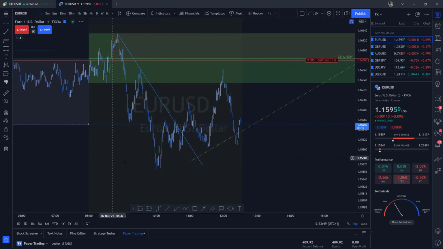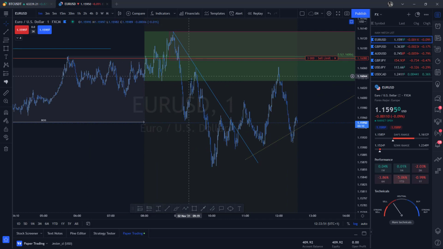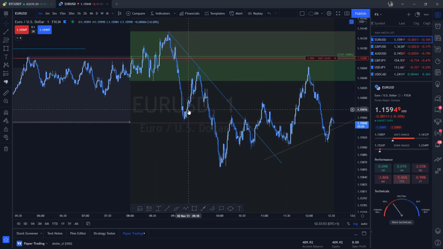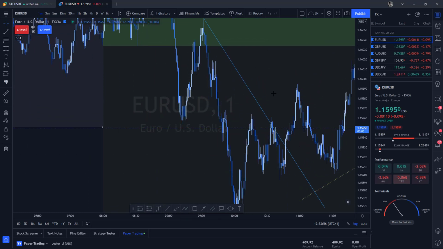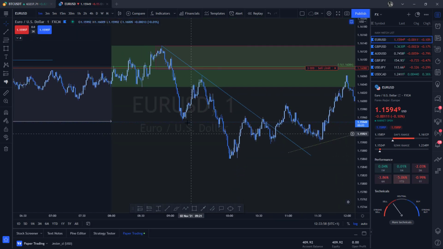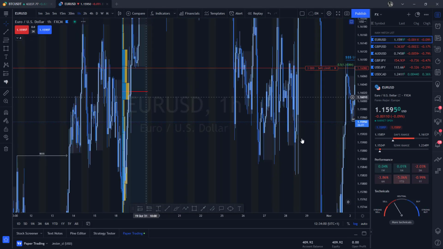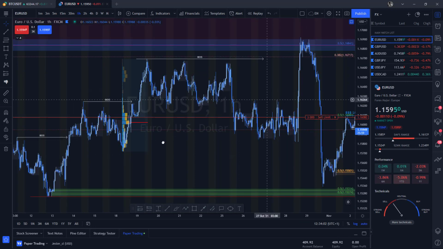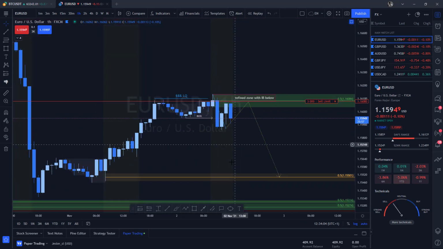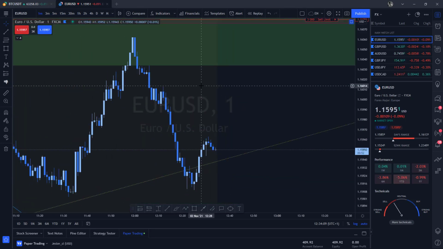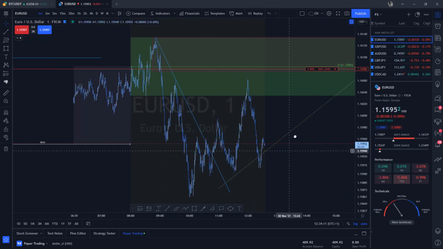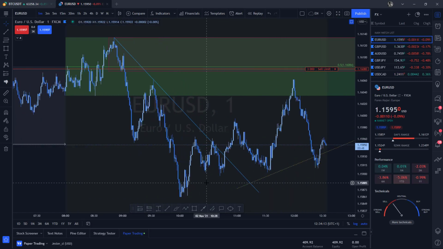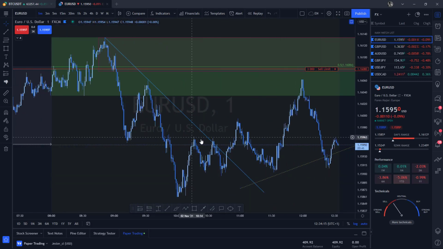So on this 1 hour order block, or the 1 hour engulfing candle, this one, after the down move, there were some equal highs here, some roughly equal lows here.